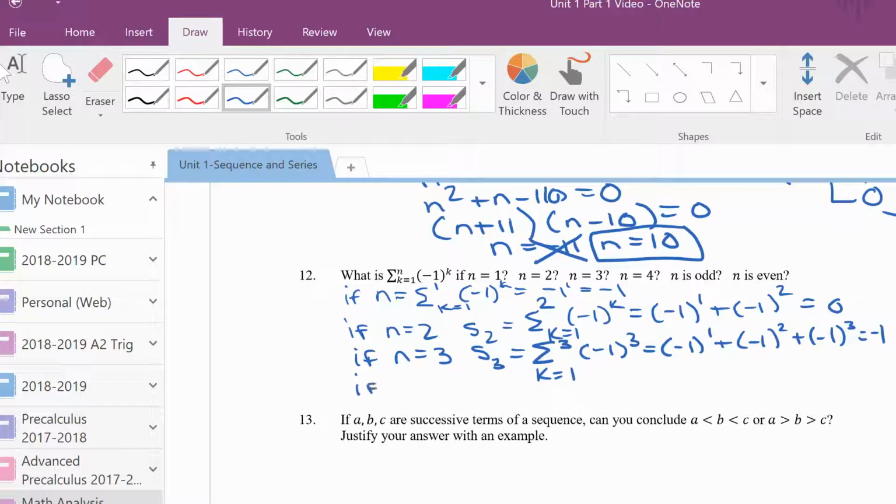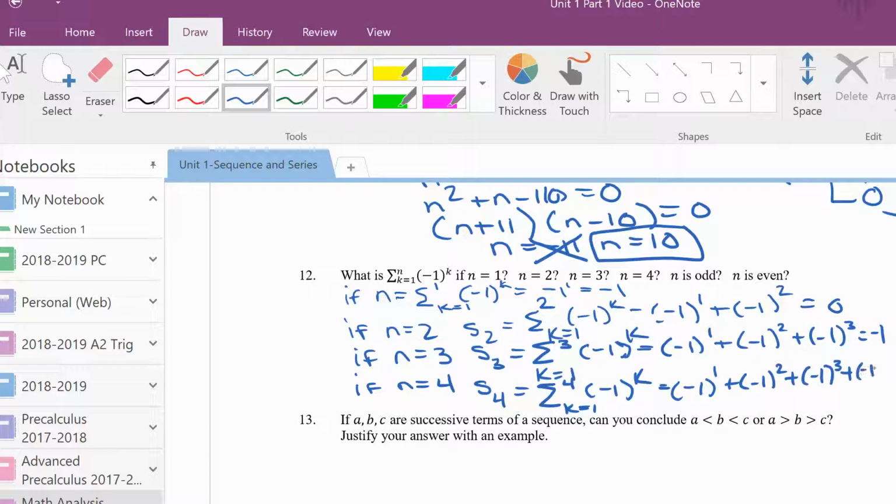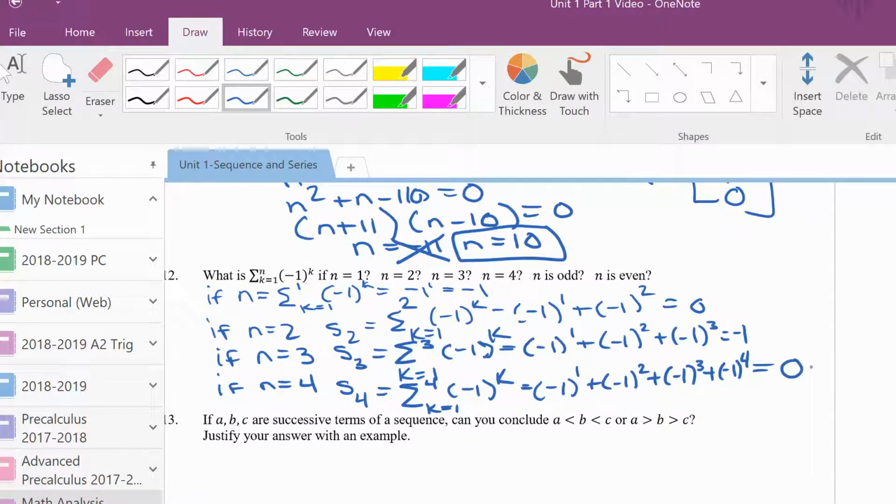And if n equals 4, the sum of the 4 terms, sorry, that should be a k right there. The sum of the 4 terms is negative 1 to the first plus negative 1 squared plus negative 1 to the third plus negative 1 to the fourth, and that would be 0.